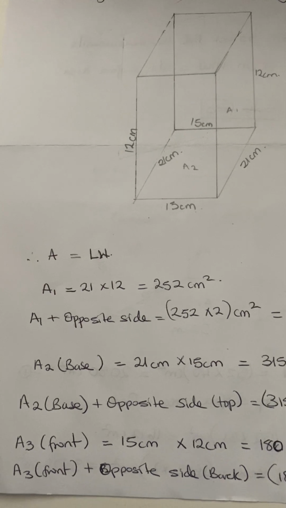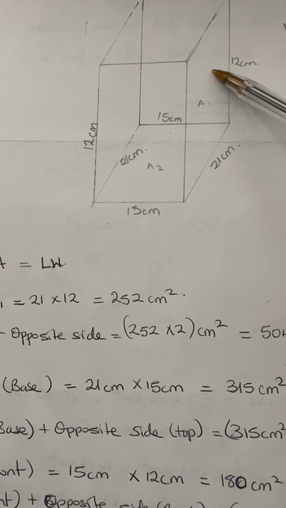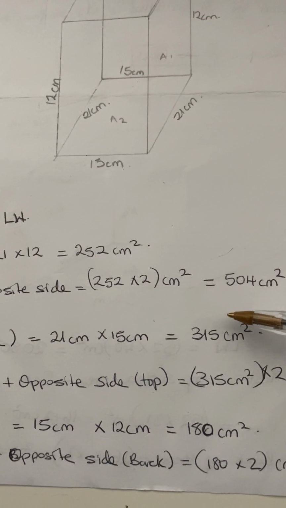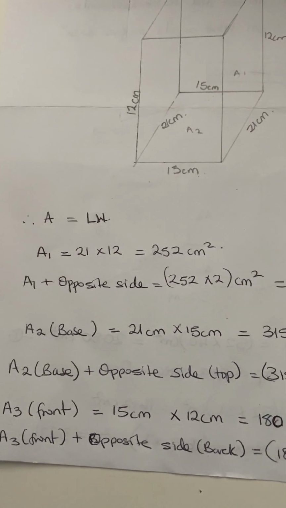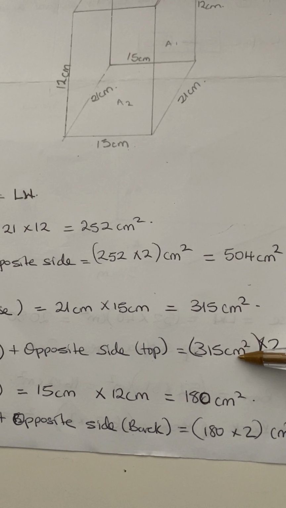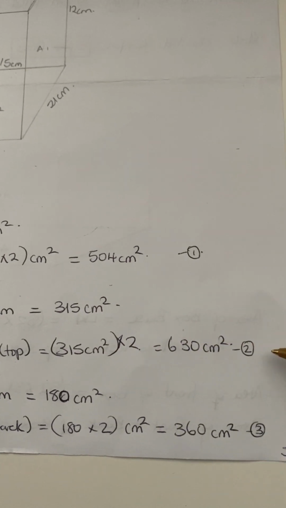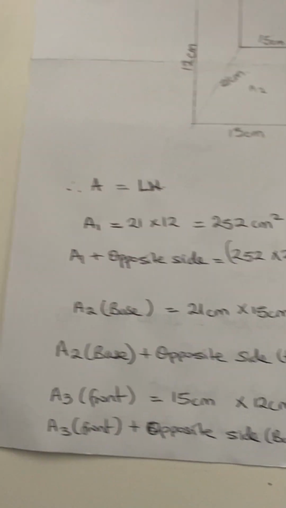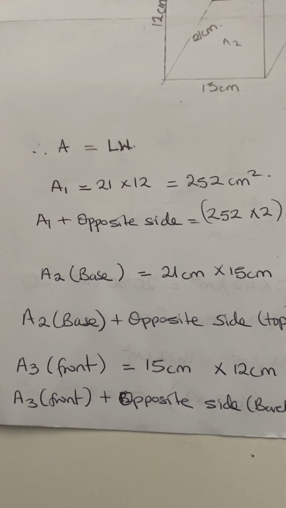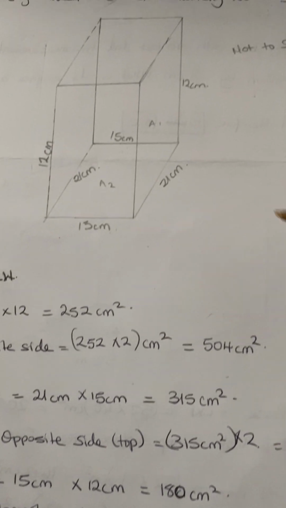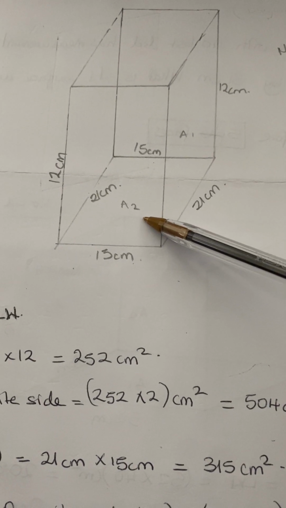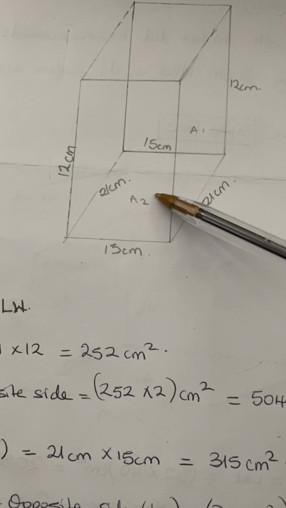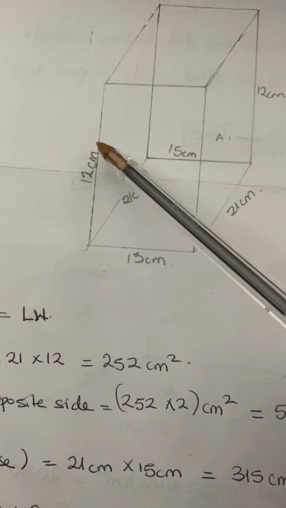So this area A1 here, the back and the front, this area A2 here, label 2, the top and the base, and this area A3 here, which is both sides.